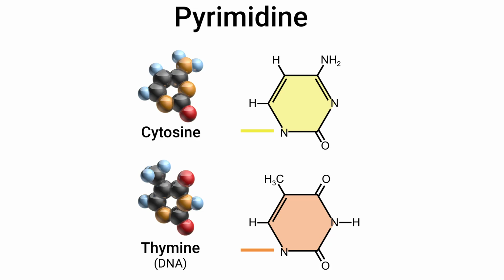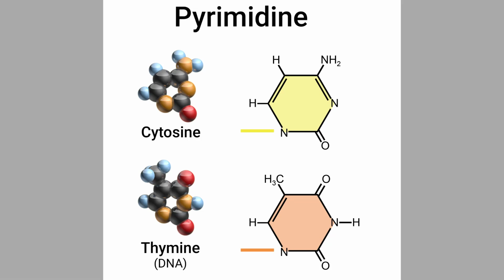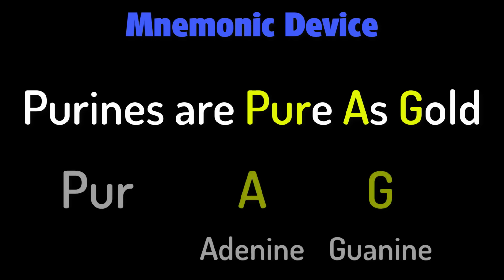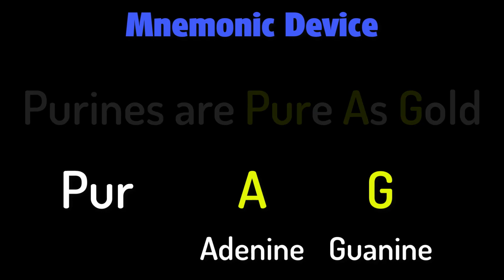It's boring when we don't remember or get confused with these terms. So here's how you can remember them. You can remember them with the help of this mnemonic device. Purines are pure as gold. Purines are pure as gold. So pure, P-U-R, is for purine, and as gold, A-G, adenine and guanine.